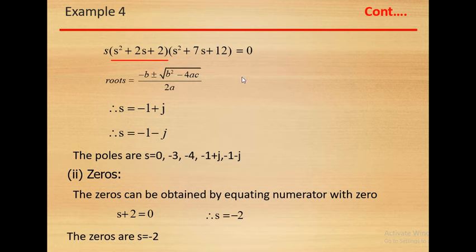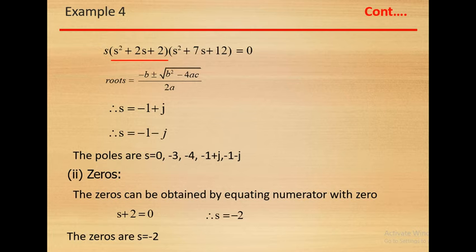The second root will be minus b minus under root b square minus 4ac divided by 2a. So take one sign for one root, and replace it with the other sign for the other root. But what do a, b, c mean? Don't worry, I will tell you.